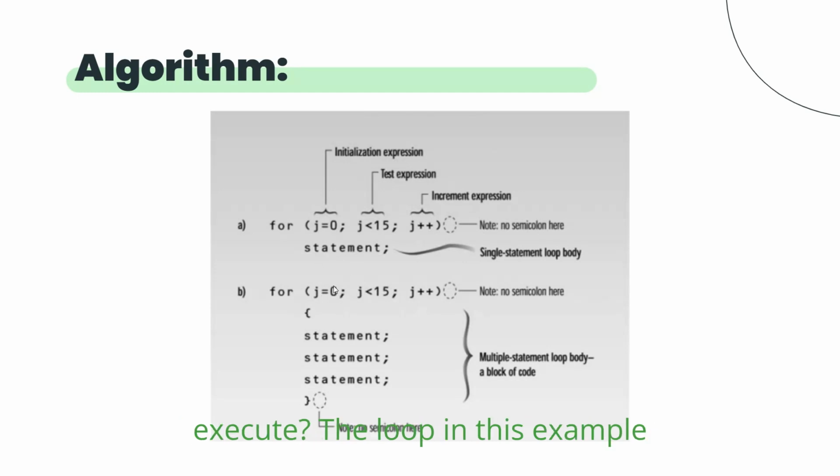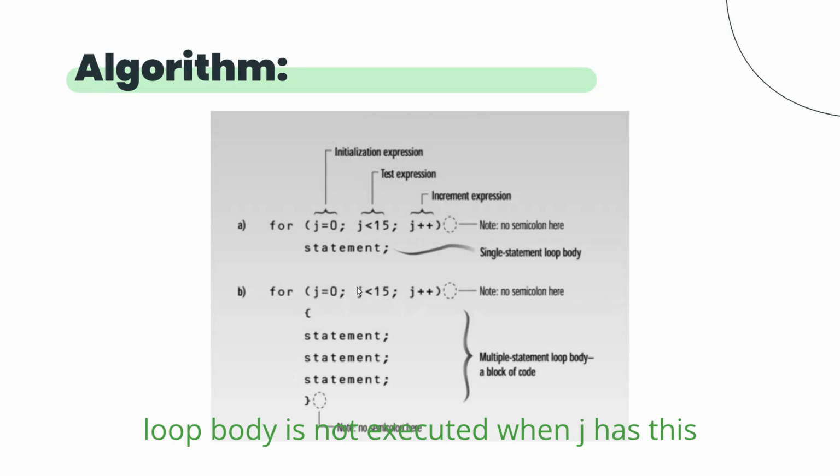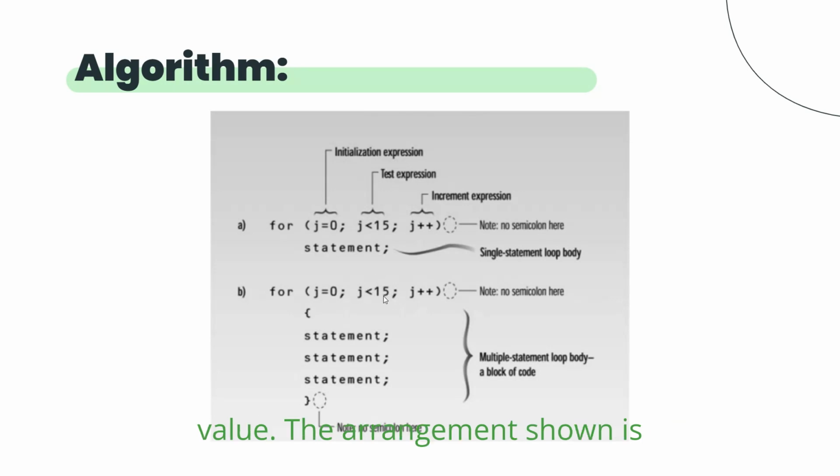The loop in this example executes exactly 15 times. The first time, j is 0, which is ensured by the initialization expression. The last time through the loop, j is 14. This is determined by the test expression j < 15. When j becomes 15, the loop terminates. The loop body is not executed when j has this value.